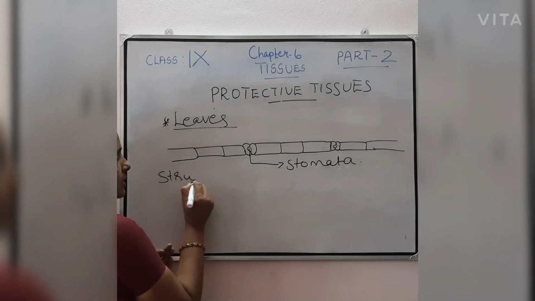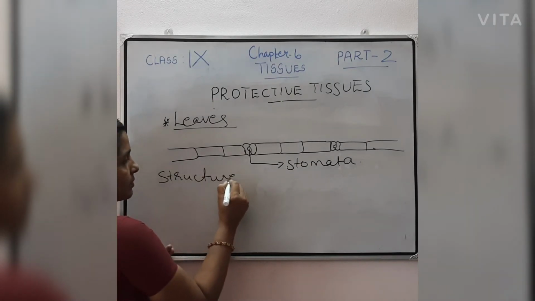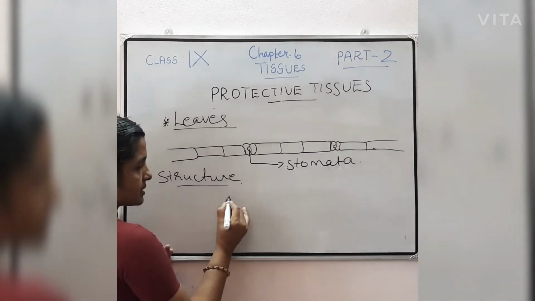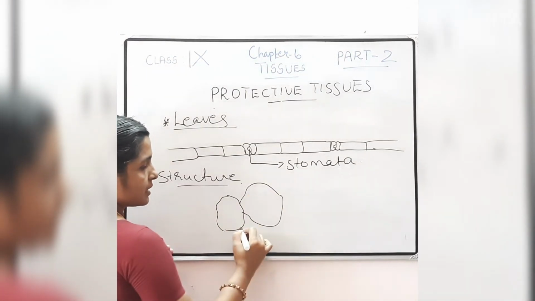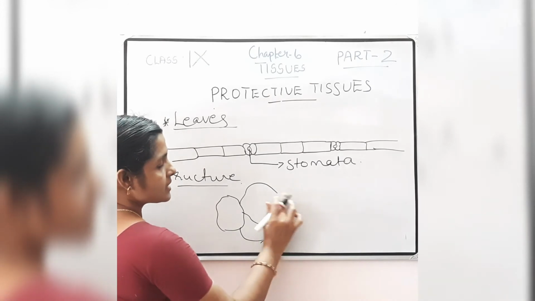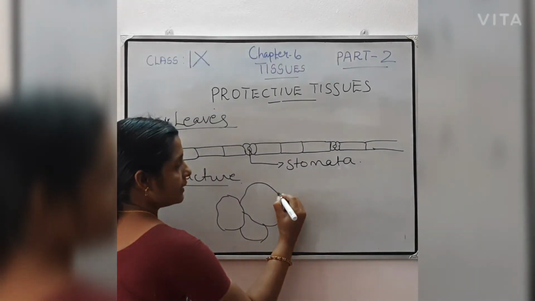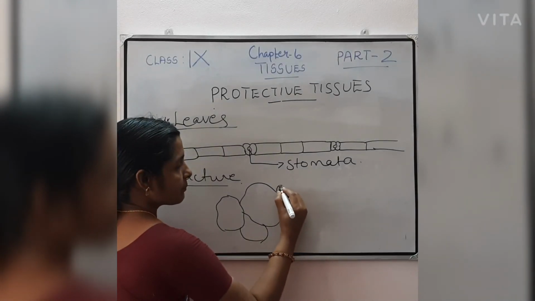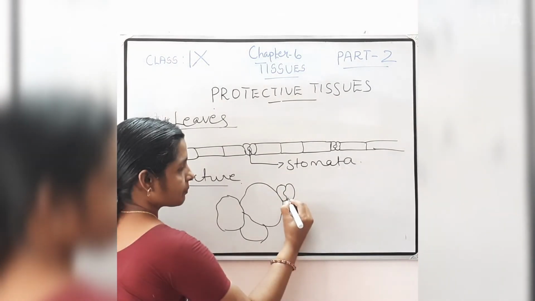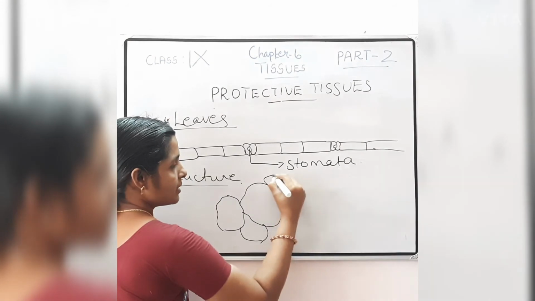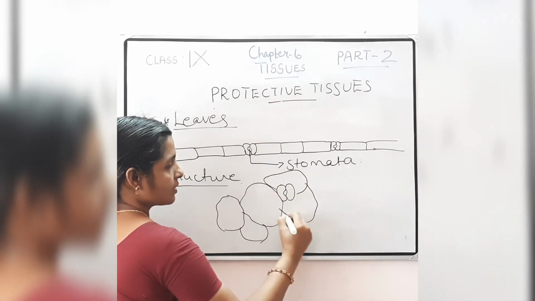Here you can see these are the epidermal cells, and in some regions we can see bean-shaped or kidney-shaped stomata present like this.